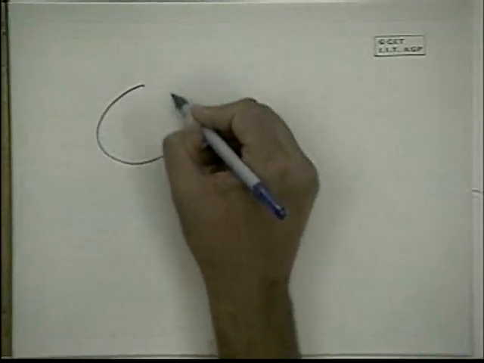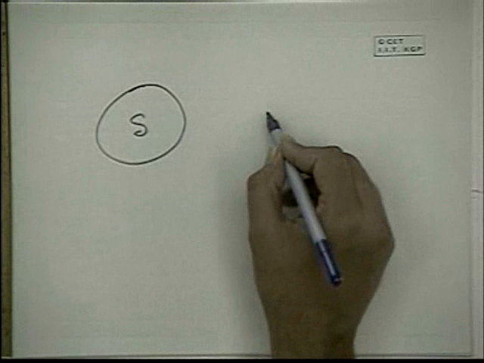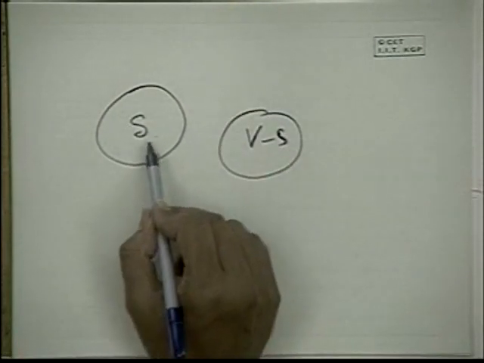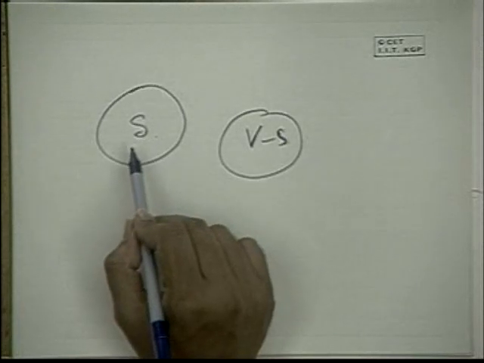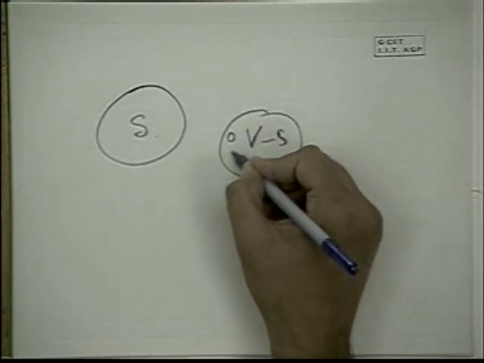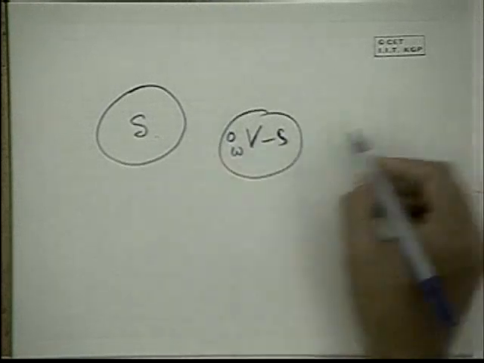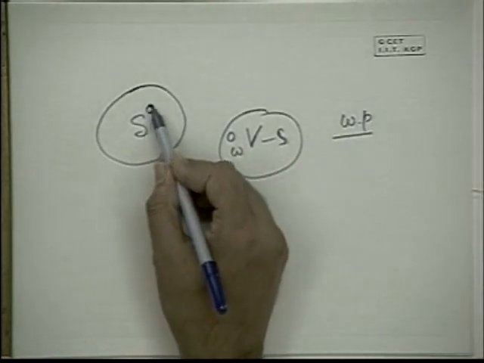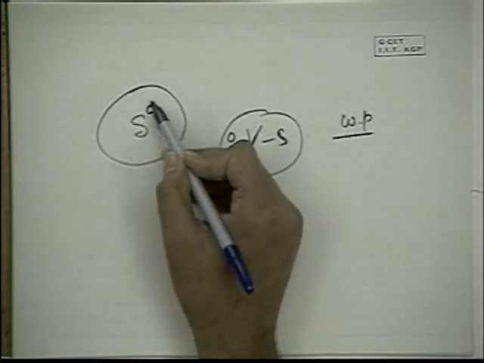So pictorially it means this. Suppose I have this set, say S, and this set, say V minus S, which has not yet been included. S is the set of all vertices included so far. Suppose I have a vertex, say W here. What will be the W dot P? That is the priority. This is the source vertex.